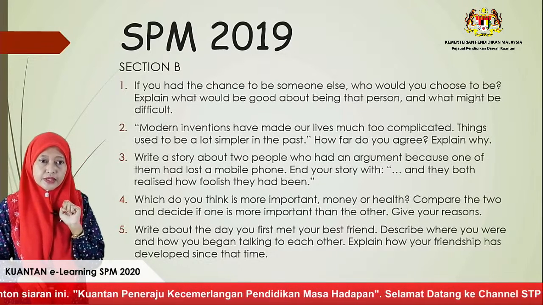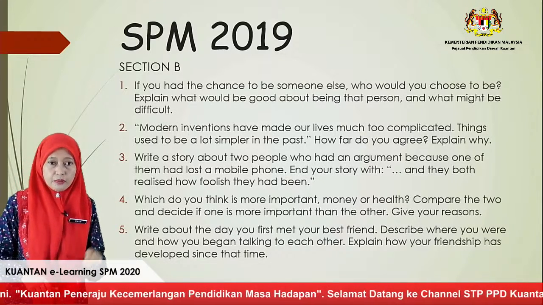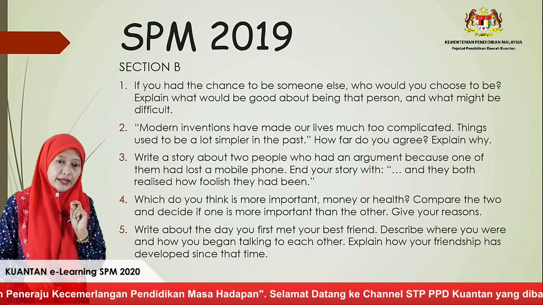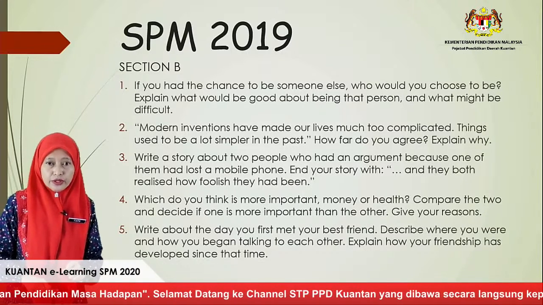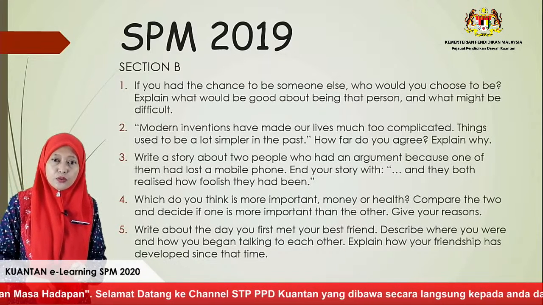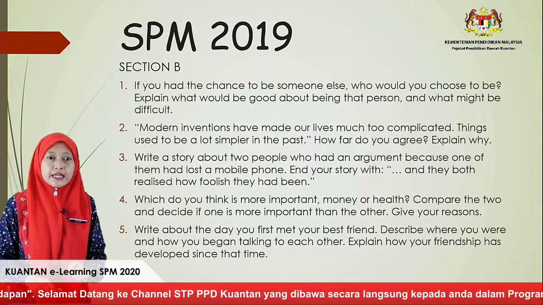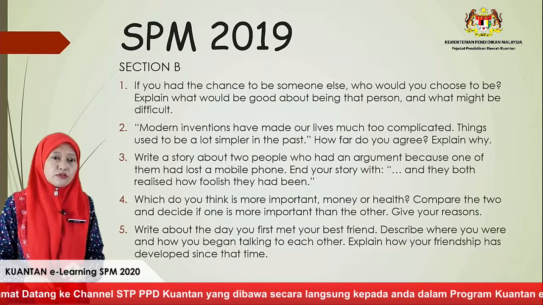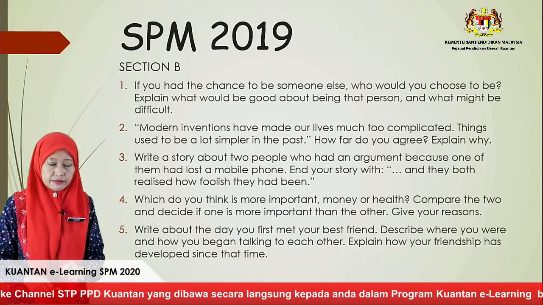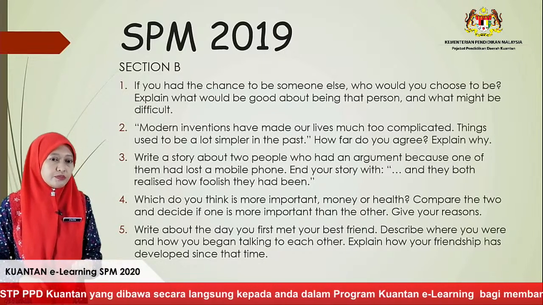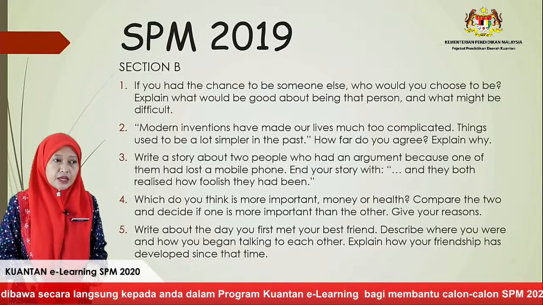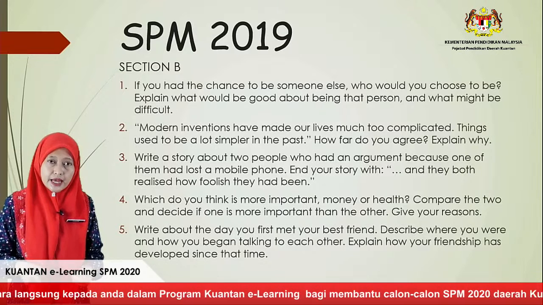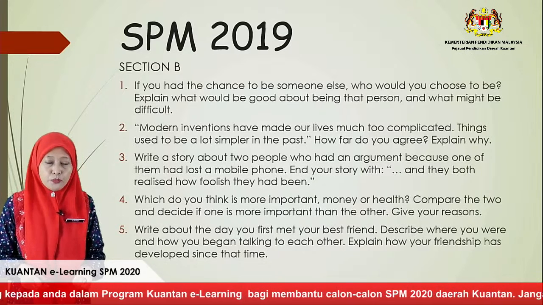Number 3, write a story about two people who had an argument because one of them had lost a mobile phone, and end your story with the given ending: they both realized how foolish they had been. So this should be easy because you are writing a story. A story is actually something very popular.